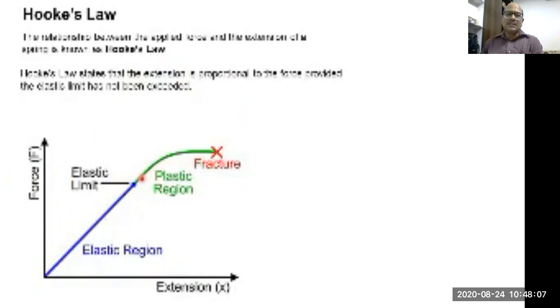So after this, within this green region, if force is applied, the object will not regain its original position, and according to its structure, if we continue to apply force beyond that region, it will be fractured.